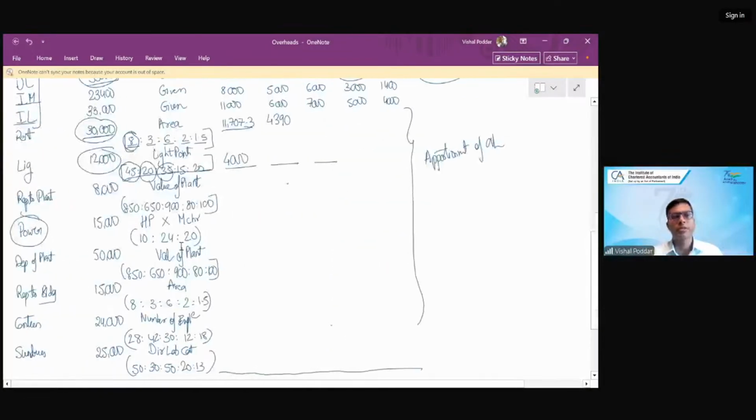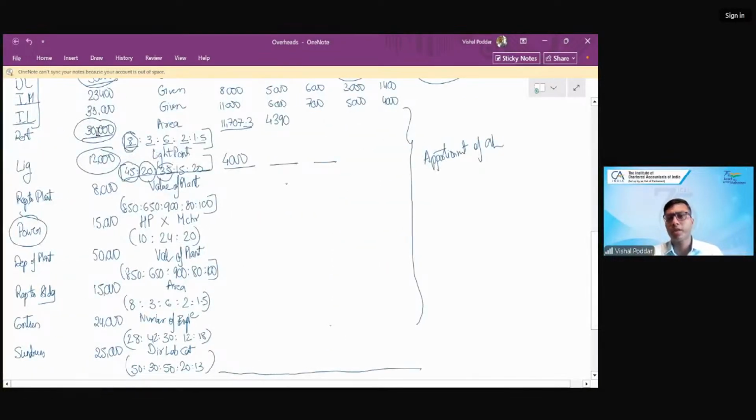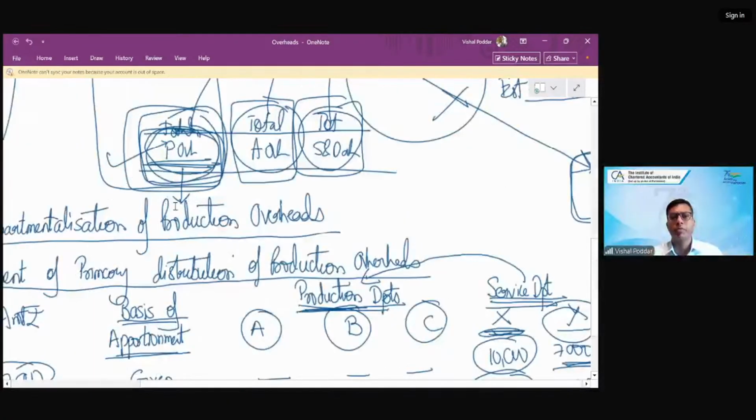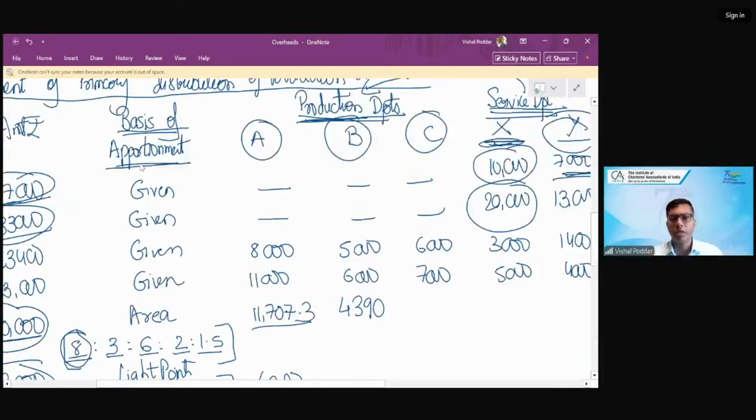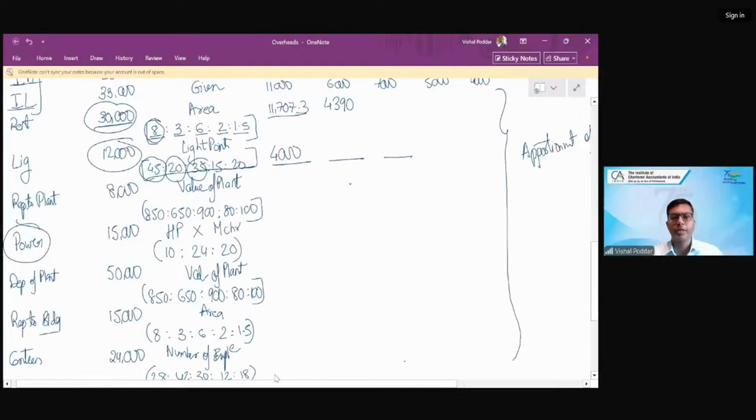Then for all those cases where the expenses are incurred commonly for the entire factory, you have to divide the expense among all the departments in your factory. That is apportionment. For that, we need some ratio, which is called the basis of apportionment. So all these technical terms have some meaning. The basis of apportionment is the ratio in which you are dividing. Perfect.